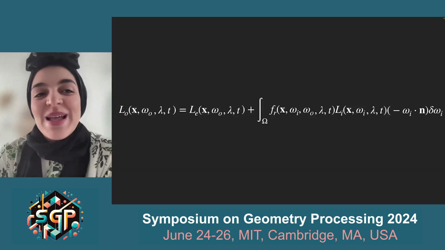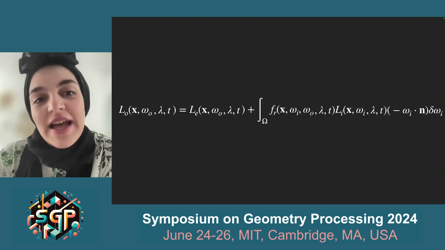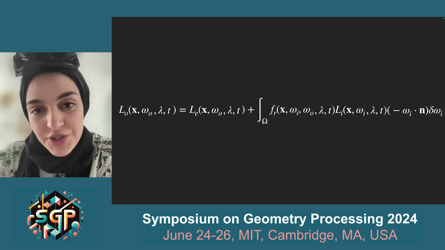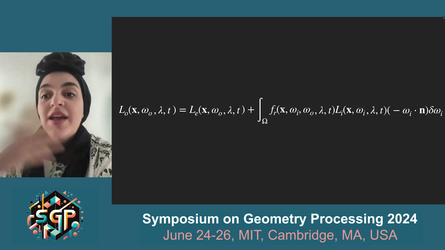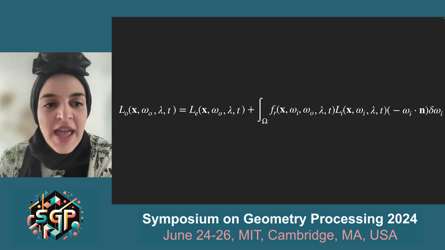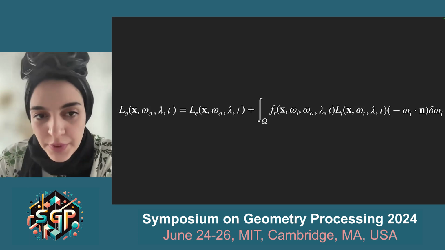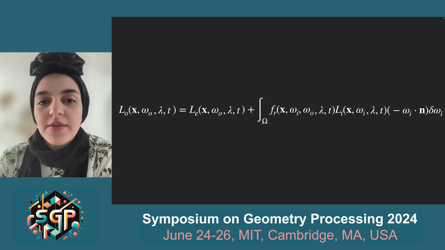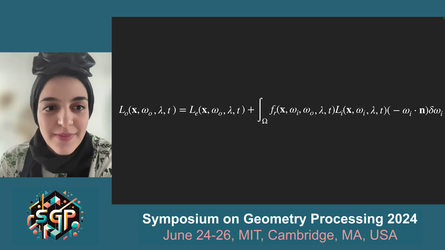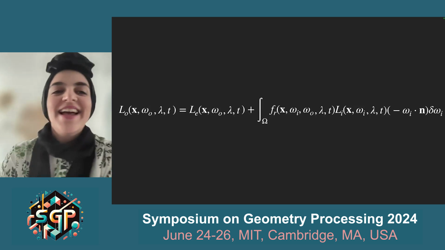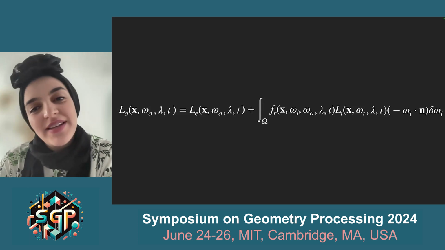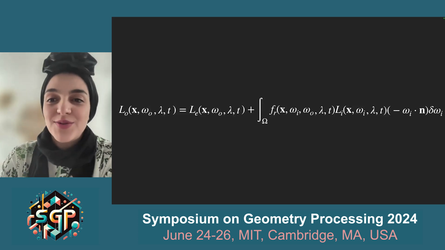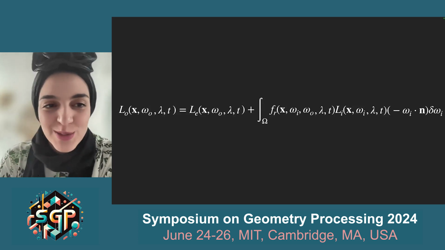Ta-da! This is the rendering equation, and it's a mathematical abstraction of how light interacts with the material in 3 dimensions. And it's probably the most important equation in modern computer graphics. It may look a little daunting with its vectors and integrals, but actually it's both simpler and more profound than it looks.